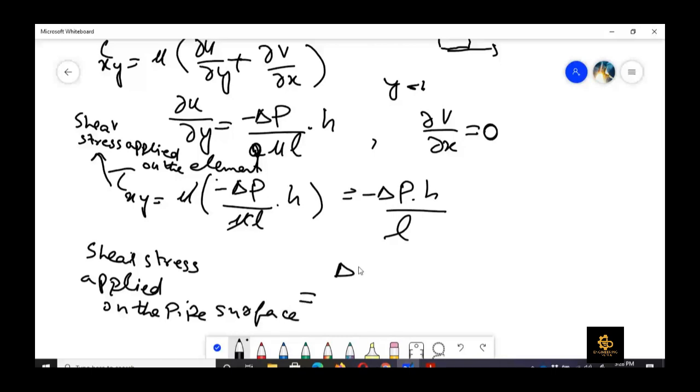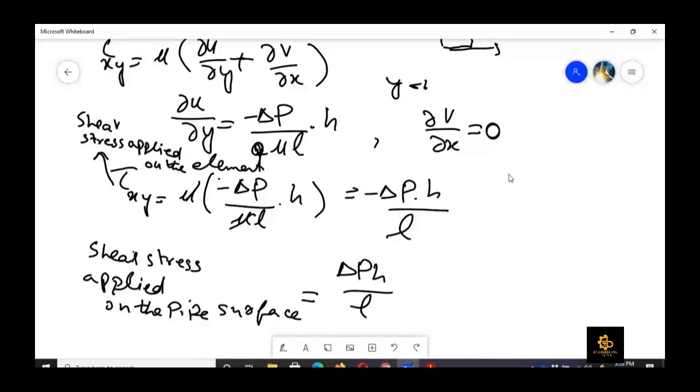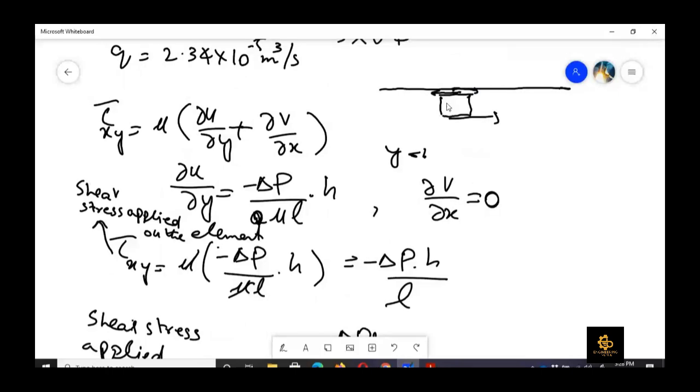So that would be equal to delta P h by L. Because I have just explained that if this fluid is experiencing a shear stress in the negative x direction, this pipe surface would also experience a shear stress in the positive x direction, which basically comes from Newton's law of motion, that every action has an equal and opposite reaction. So the equal and opposite force would be acting on the pipe surface. Right. Now we can calculate its value.